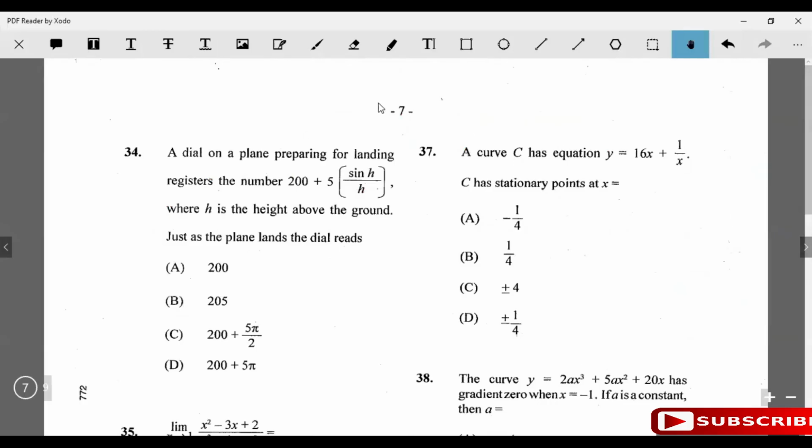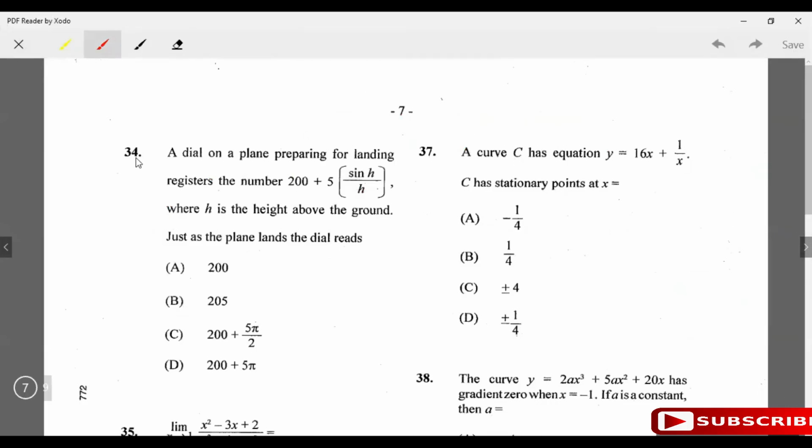Question 34. All right, so this is not a new question. This question first came from 2015. Some persons like to think it's new, but this paper came in 2015. That was the first time this question came.